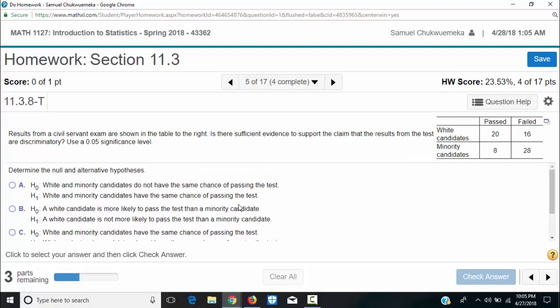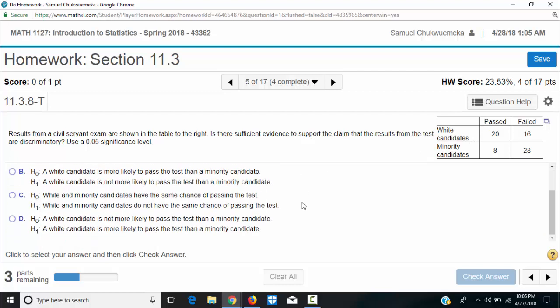The null hypothesis is that the white and minority candidates have the same chance of passing the test, and there's independence. The alternative is that the white and minority candidates do not have the same chance of passing the test.